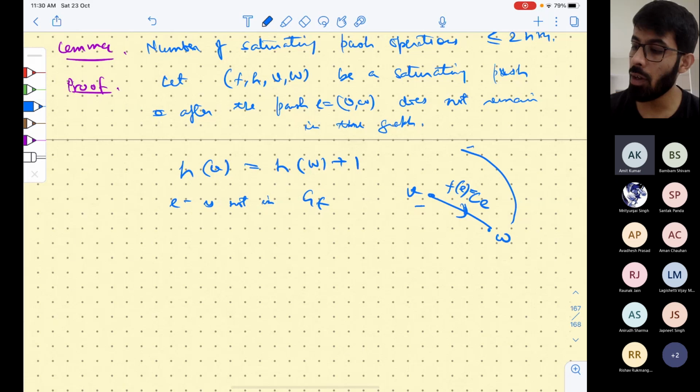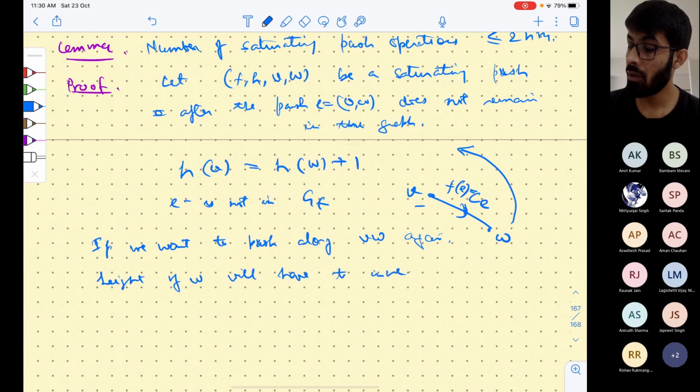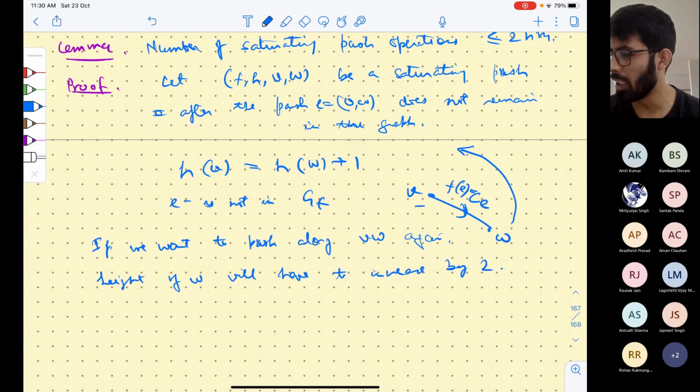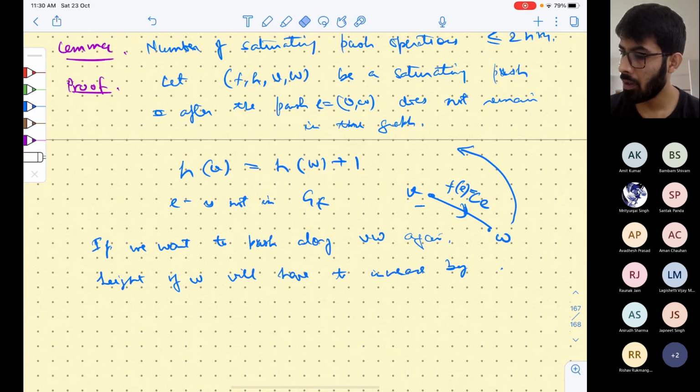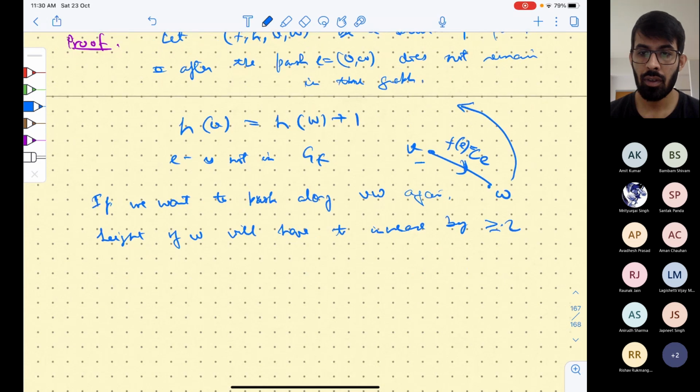Exactly. So the height of W will have to increase by 2. So if we want to push along VW again, height of W will have to increase by 2. Right? At least 2, because maybe in between V also increases or something happens. And how many times height of W can increase by 2? So n minus 1 times.